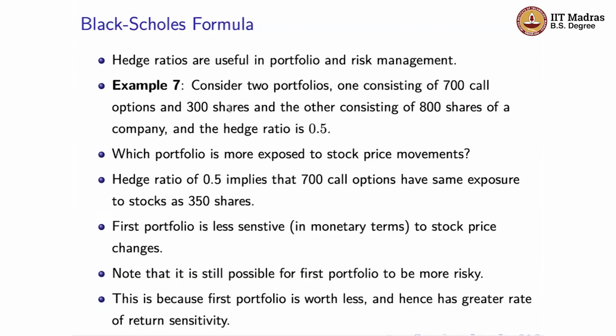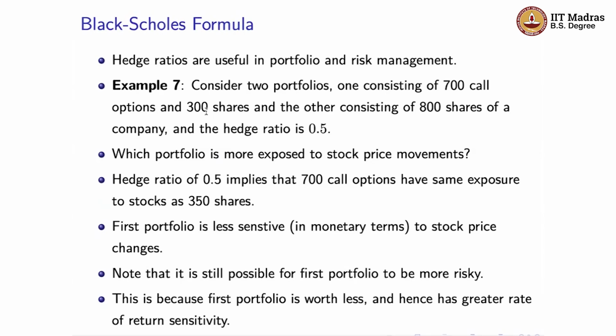So we basically end up with the first portfolio being, in terms of exposure to stock price movements, equivalent to consisting of 650 shares, whereas the second portfolio is about 800 shares. So in that way, the first portfolio is basically less sensitive, again in monetary terms, to stock price changes, right? But that does not mean that the first one is less risky, because of the reasons that we just discussed.